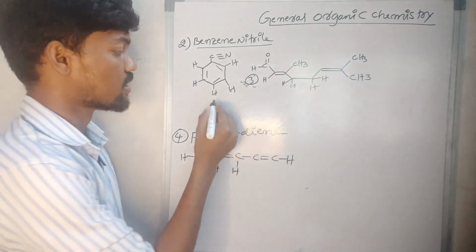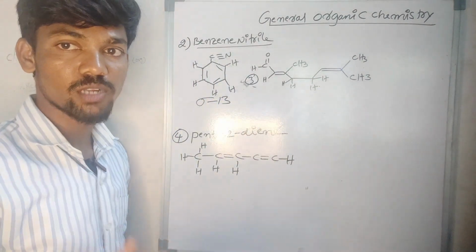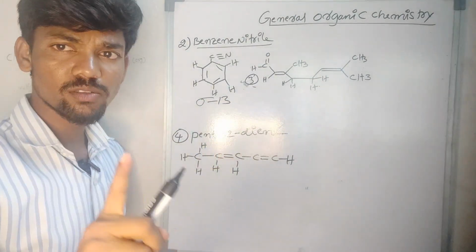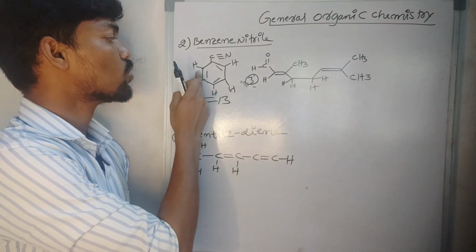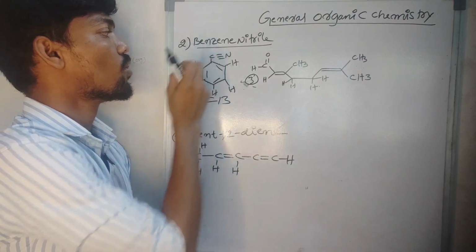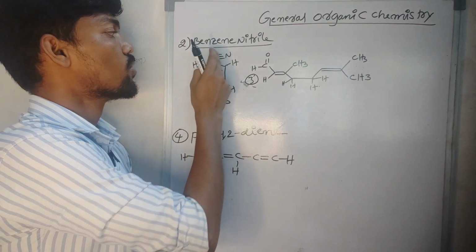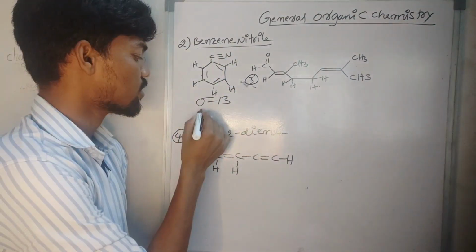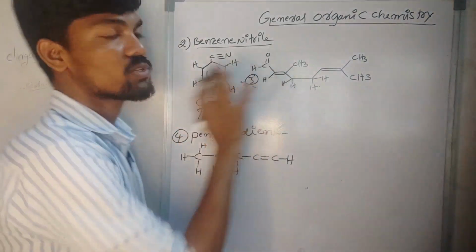Thirteen sigma bonds will be there. So come to the pi bonds. A double bond has one sigma and one pi, and a triple bond has one sigma and two pi. Tell me, 1, 2, 3, 4, 5. Five pi bonds will be there. Understand?